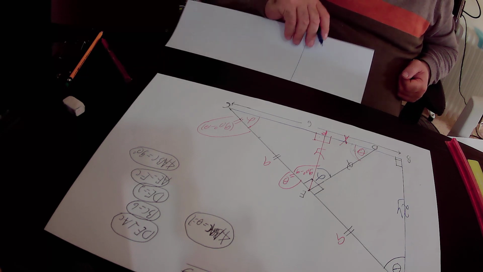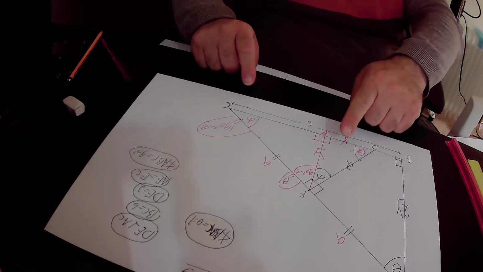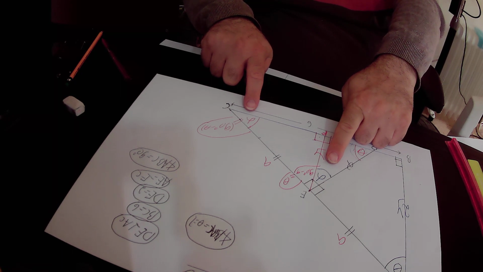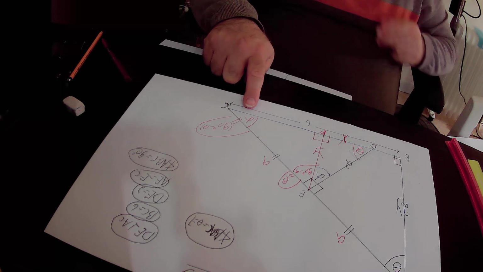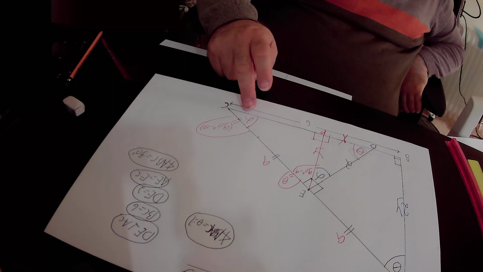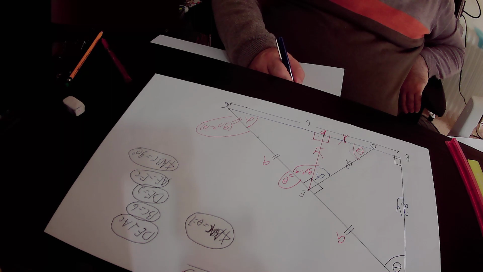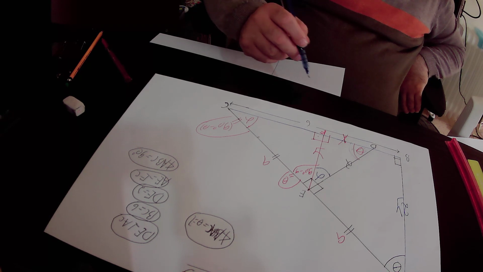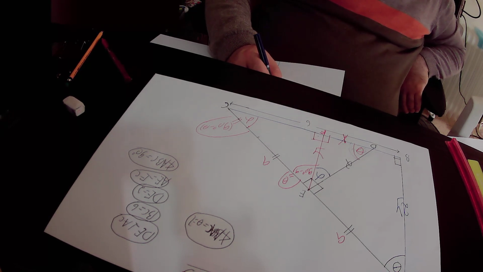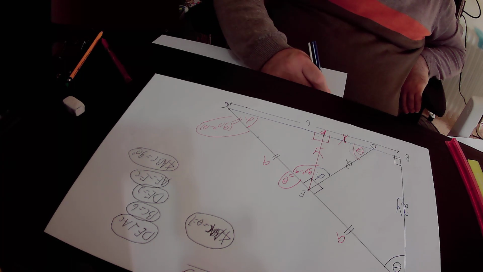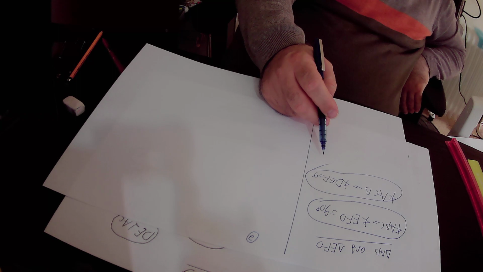In addition, those two angles are both equal to alpha, therefore they are equal to each other. So angle ACB of triangle ABC equals angle DEF, and they are both equal to alpha.